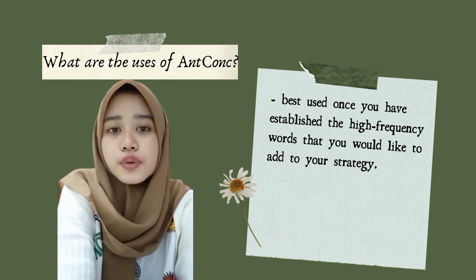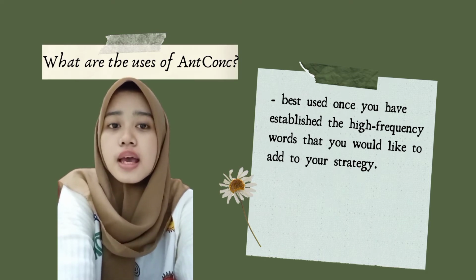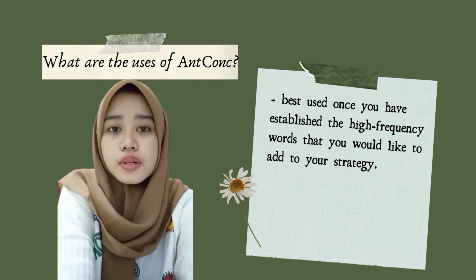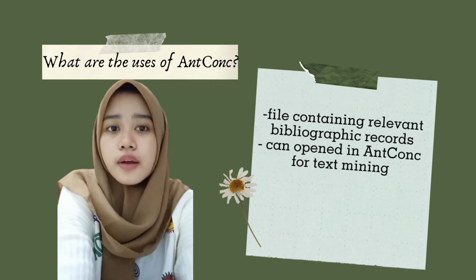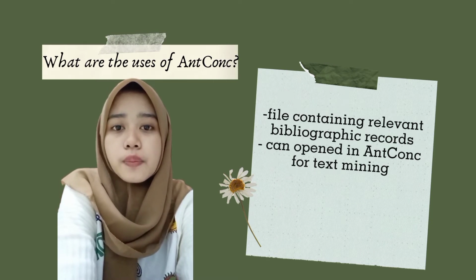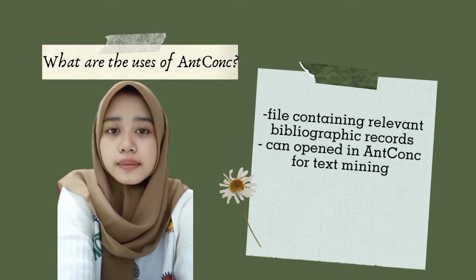It is best used once you have established the high-frequency words that you would like to add to your strategy. The corpus or file containing relevant bibliographic records can then be opened in AntConc for text mining.